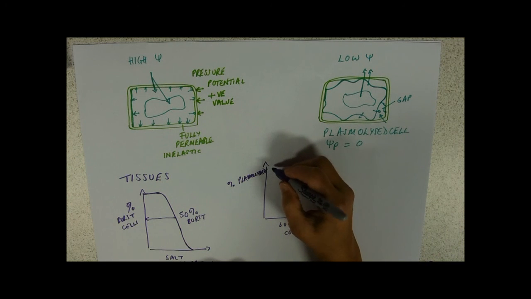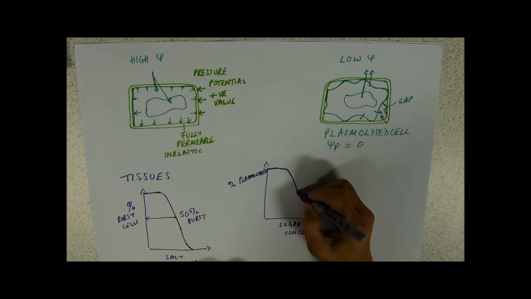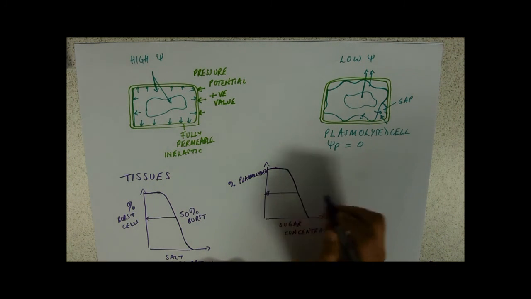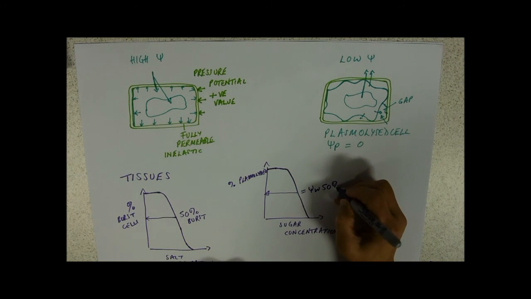And at the low sugar concentrations there are few of them, and then there'll be more and more and more. And again, we take that point where the water potentials are equal at 50% plasmolysis.